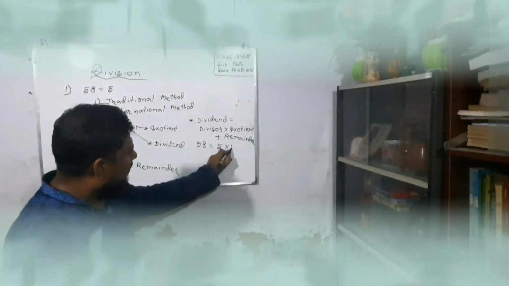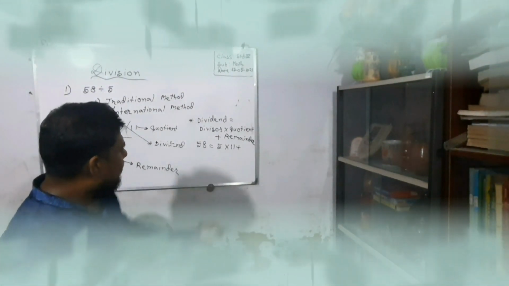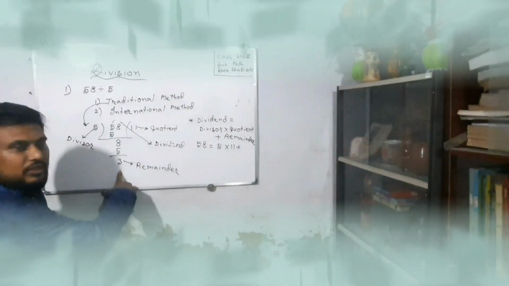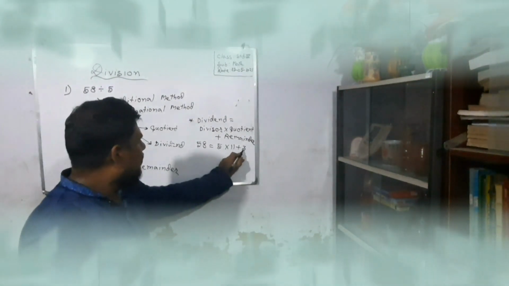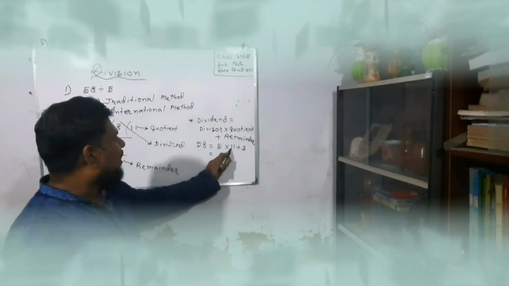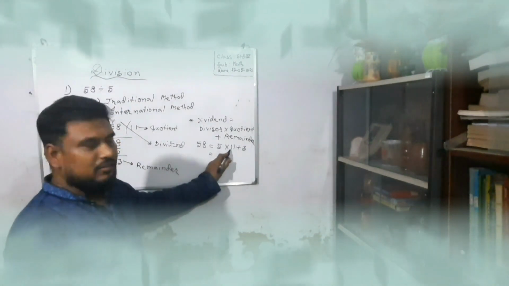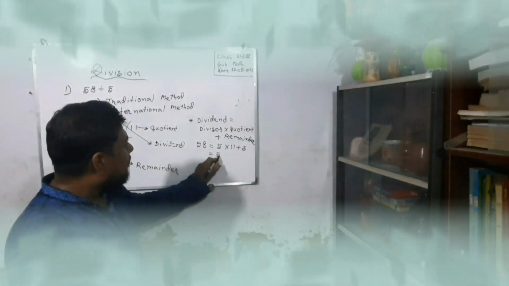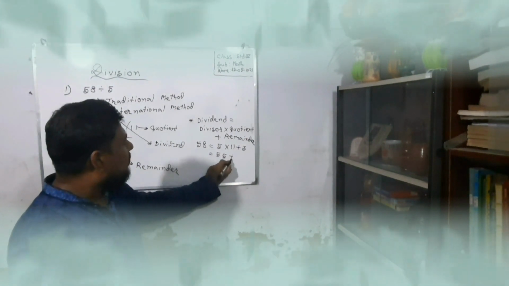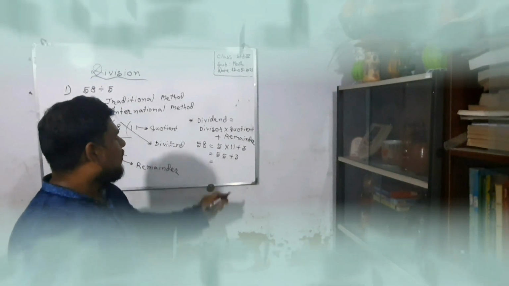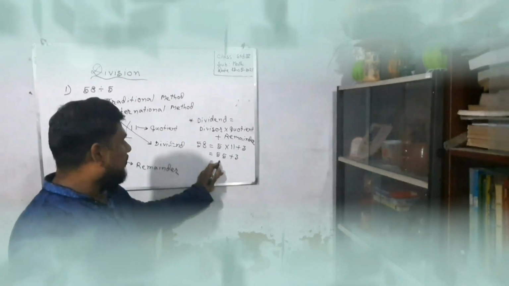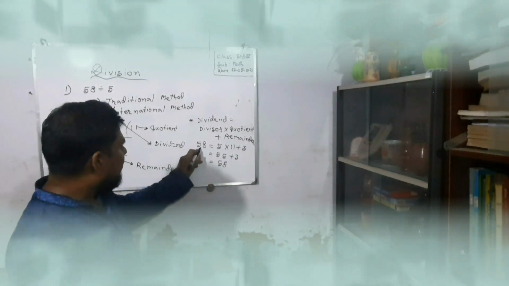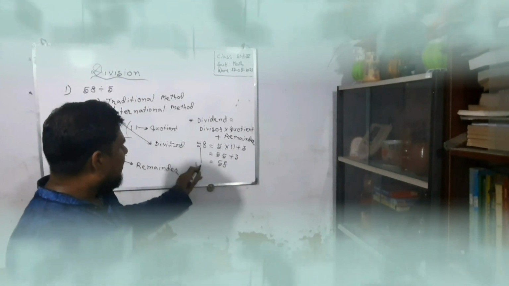So we can write 11 here plus remainder is 3. You can multiply 5 into 11 equals 55 plus 3. 55 plus 3 equals 58. So the left hand side and right hand side are the same.